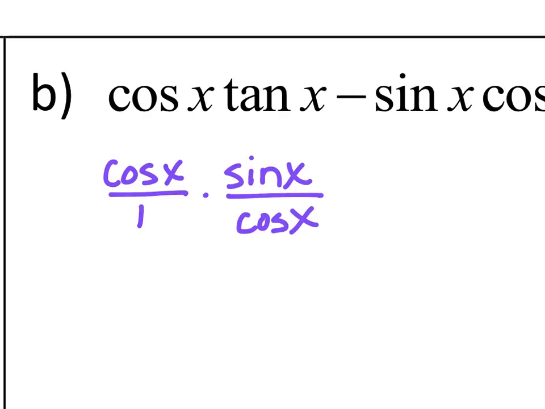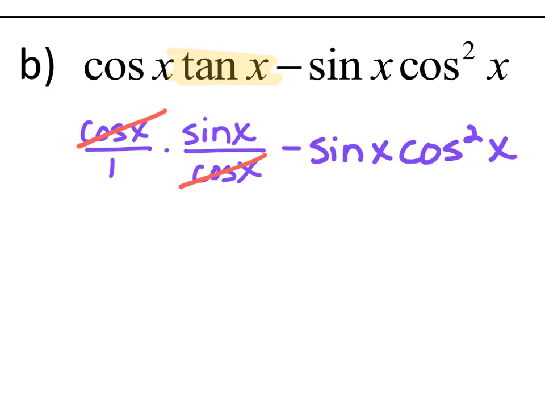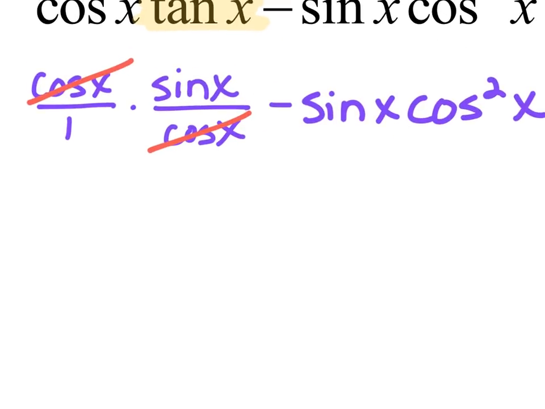So I just changed the tangent to give me sine of x over cosine of x, minus, and then I'm just going to write the second term as it's given, sine of x times cosine squared of x. And in this way, I can cancel those cosines, and that first term is just sine of x.